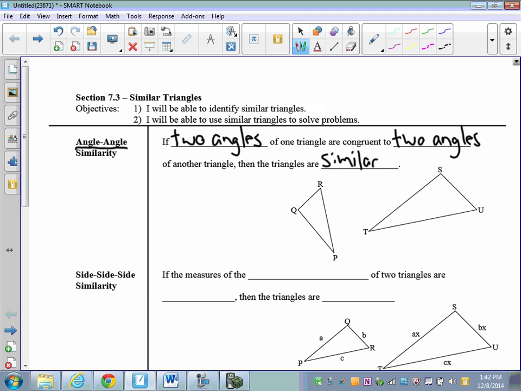So what we could say is, we could have angle Q congruent to angle S, and angle P congruent to angle T. So we have 2 angles that are congruent on each triangle. So we could say triangle QPR is similar to triangle STU. Remember, this symbol right here from our prior lessons means similar.